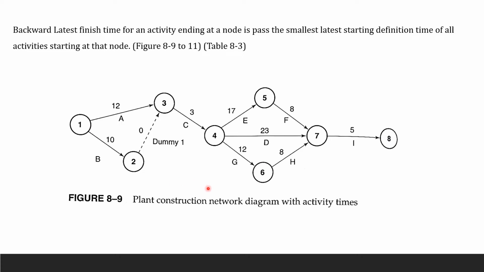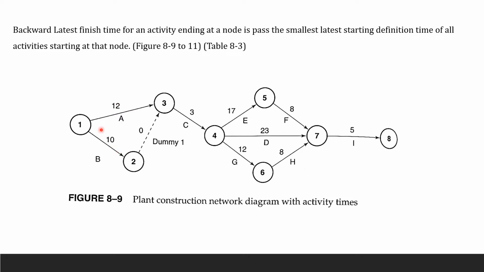Here we're showing you the plant construction network diagram with activities. Let's go from one, going to the second and third node, and we have no activity right here. We have two activities going on at this time. This can be weeks, months or days; here they are not identifying what that is. I believe it's the same for construction, so you go with their time in weeks. So 10, 12.